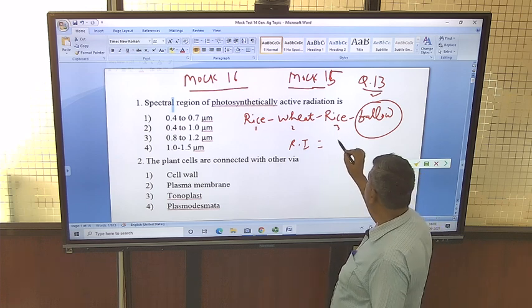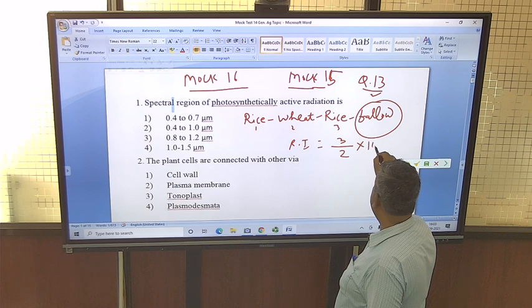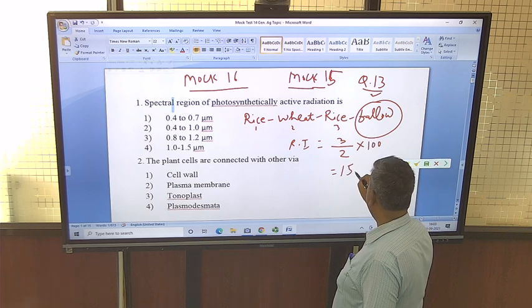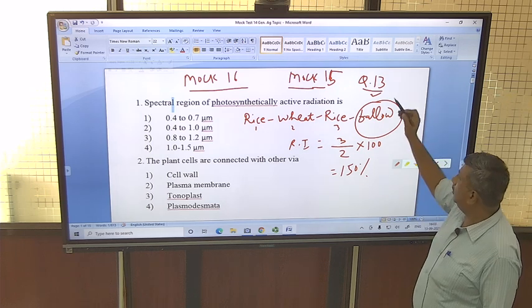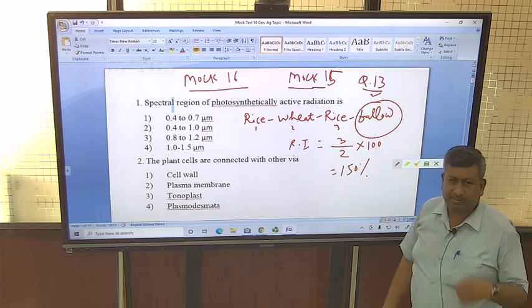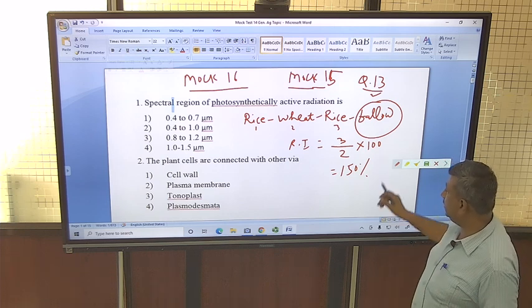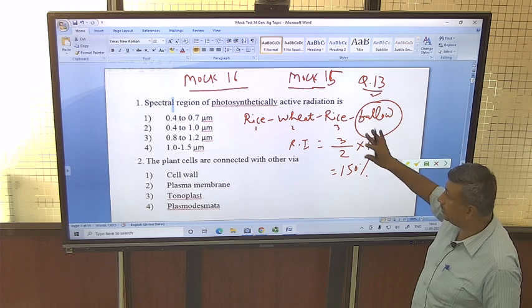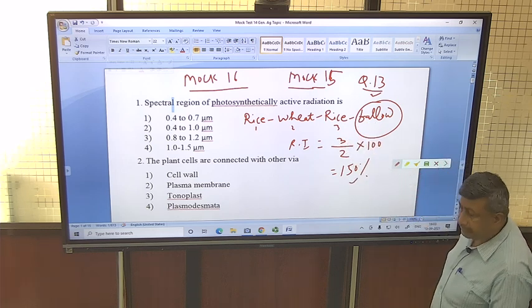So number of crops are 3 and duration is 2 years. So it is 150%. So please make correction in the mock test. In question number 13, I gave the explanation correct, but by mistake the calculation was wrong. So please consider the calculation in this way and the correct answer is 150%.